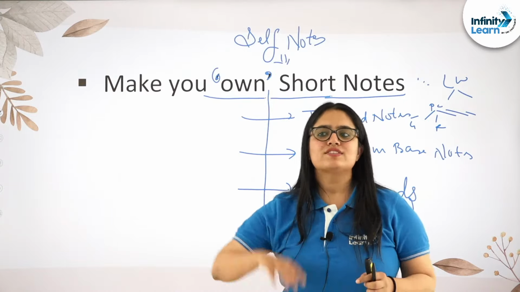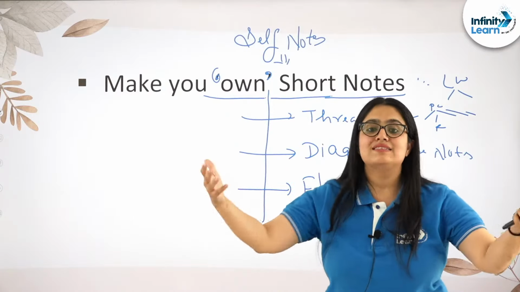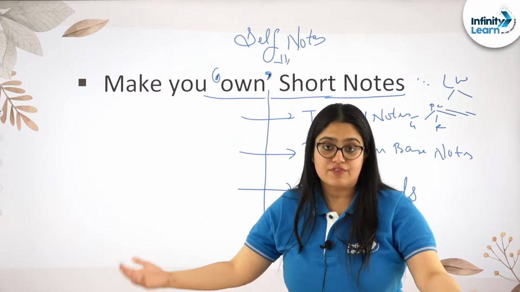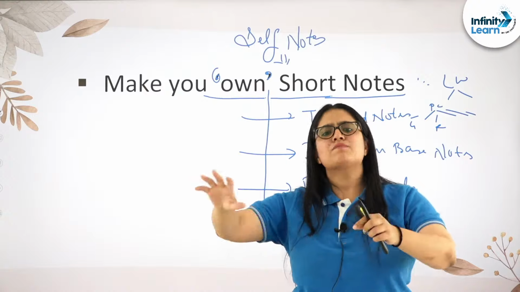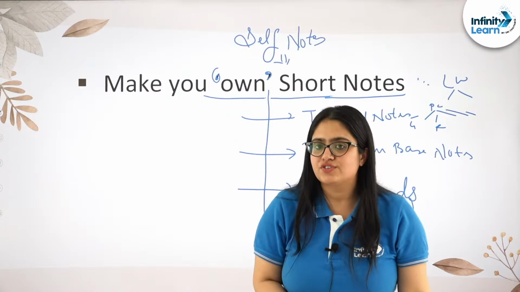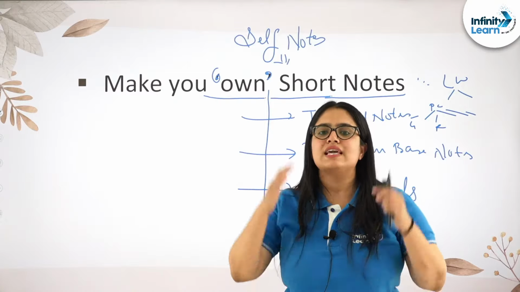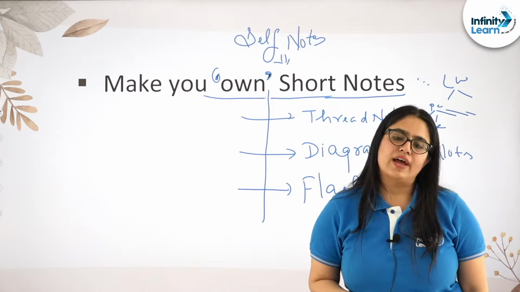The best way is to convert your class notes into short notes where you condense the data. For example, if biology took five registers, you can condense it into half a register, or at most one or one and a half registers. Revising one and a half registers is far easier and possible in a span of a month or two.